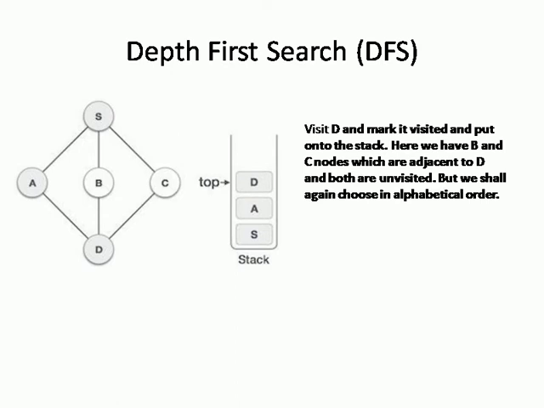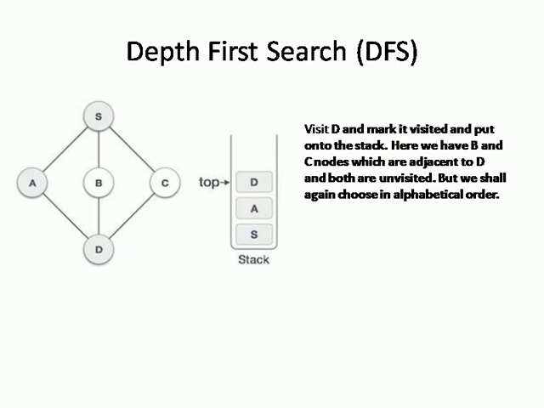So the contents of the stack are shown in the figure: initially we have S, then A, then D. With this, the first part, from S to A to D, the depth-wise traversal of the graph is done.